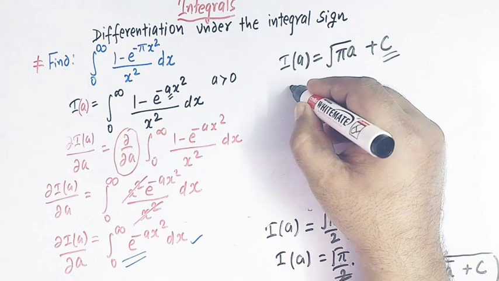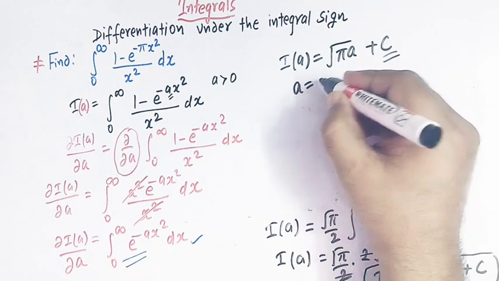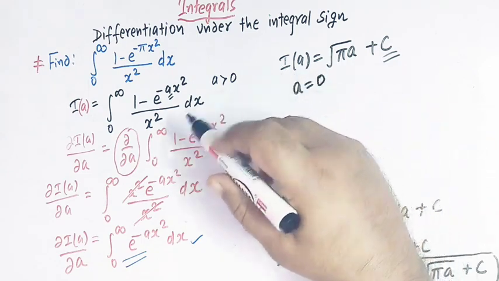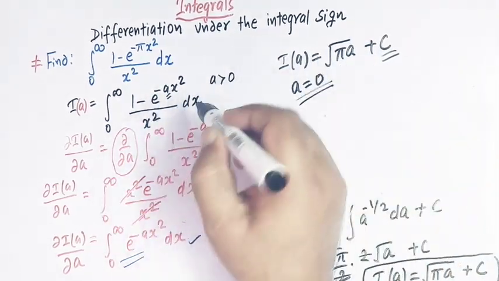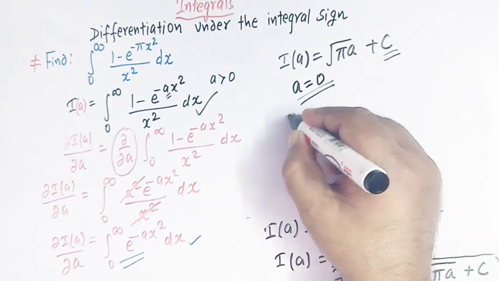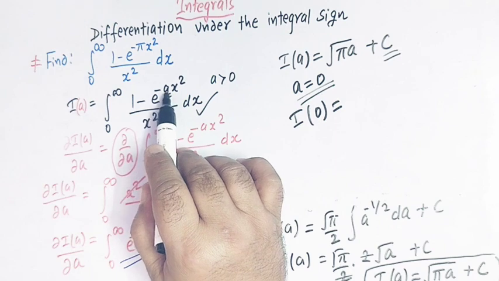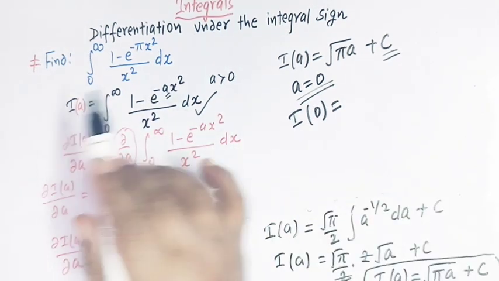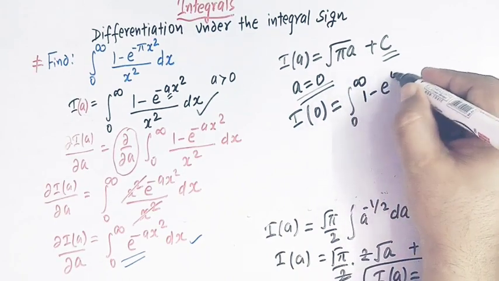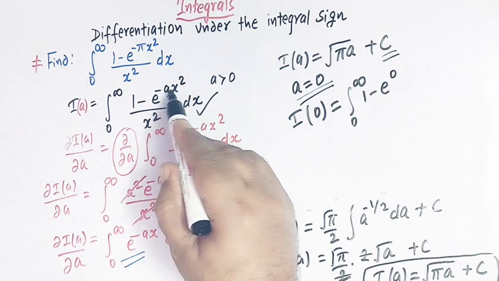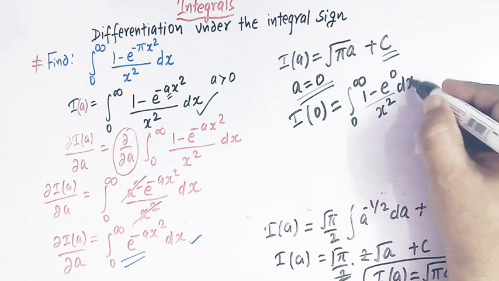So what we will do, let us take the condition as a is equal to 0, and we'll find the value of I, right? So if we take a is equal to 0 in this integral, then see what is the value of I(0), right? So when we take a is equal to 0 here, then I(0) is equal to the integral from 0 to infinity of 1 minus e raised to 0, because a is 0, so 0 times x square is 0, over x square dx, right?